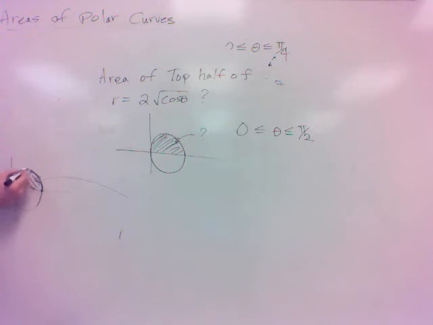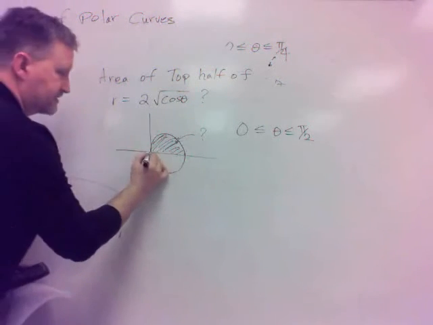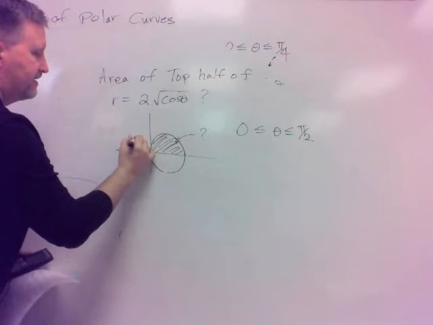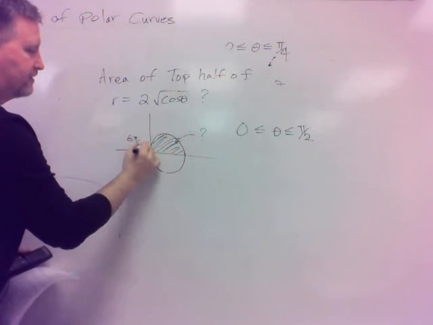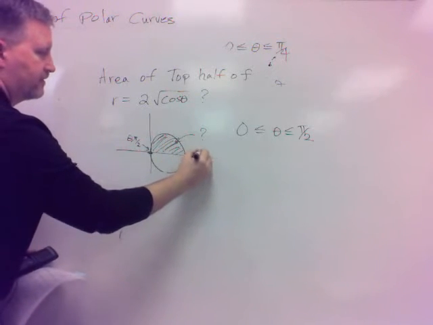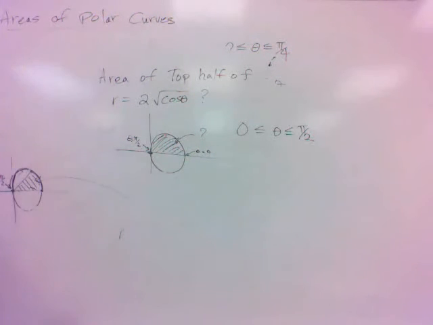So if I go from 0 to pi over 2, I'm at that point there. You see what I'm saying? Okay. So in this case, to sweep out the top half, I would go 0 to pi over 2.